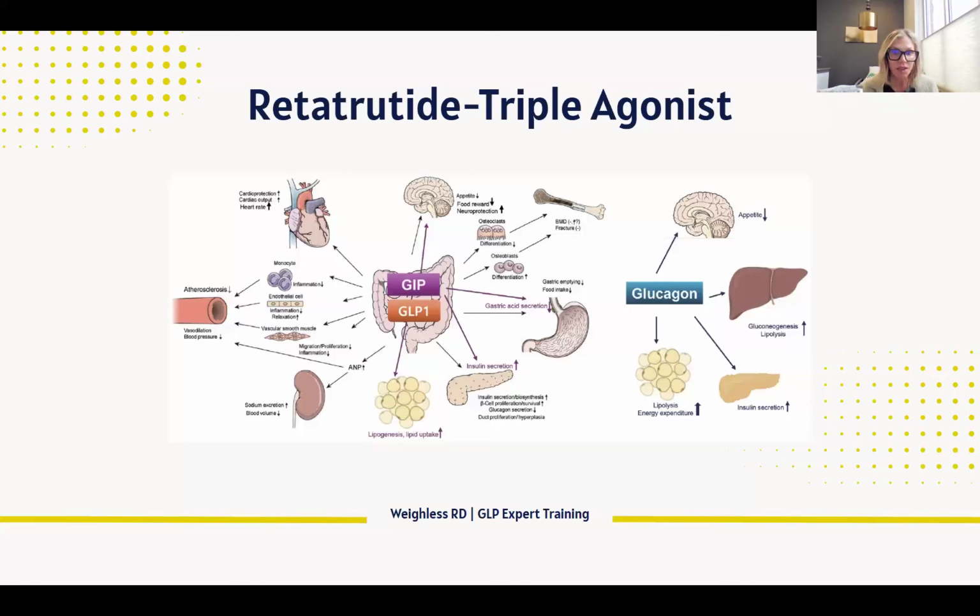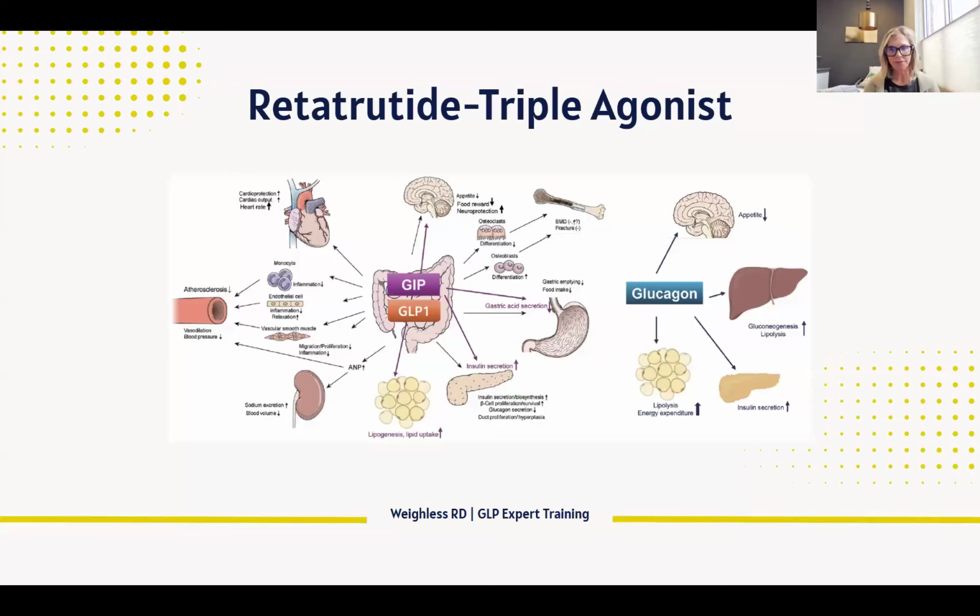Retatrutide is the triple agonist, and we will talk more about this, I think, at the last session, but this is not approved for use yet. It's still in clinical trials, but it will be coming out very, very soon. Retatrutide will release the GIP, the GLP, and it signals to glucagon as well.